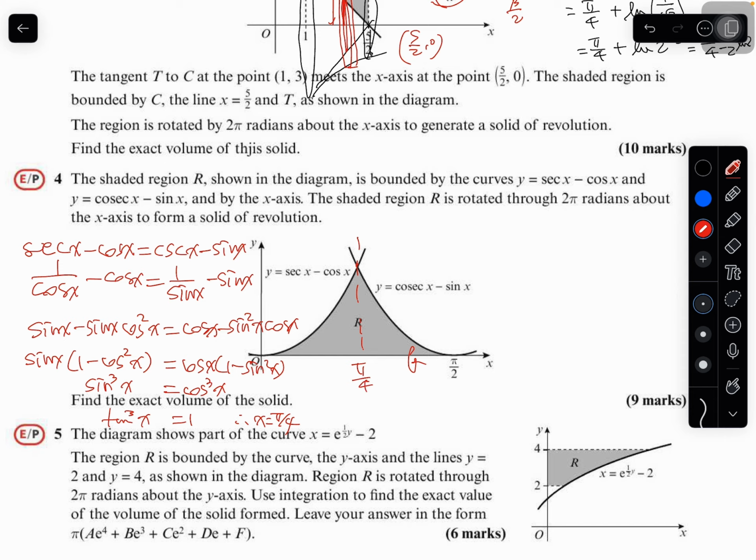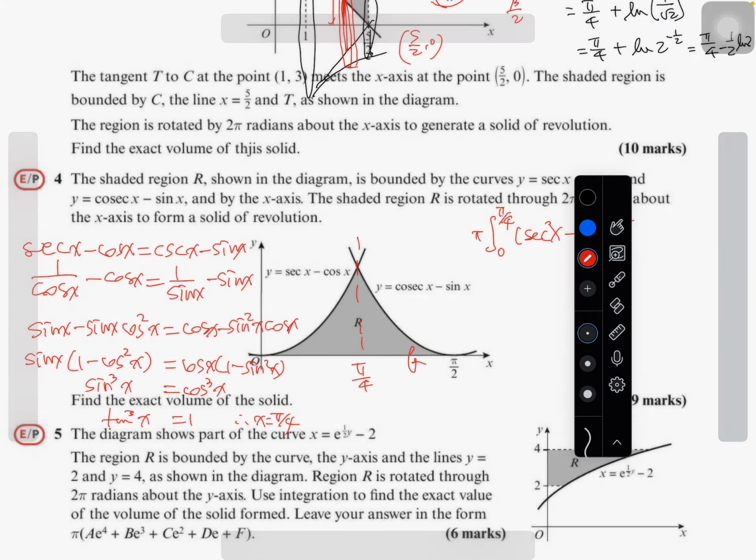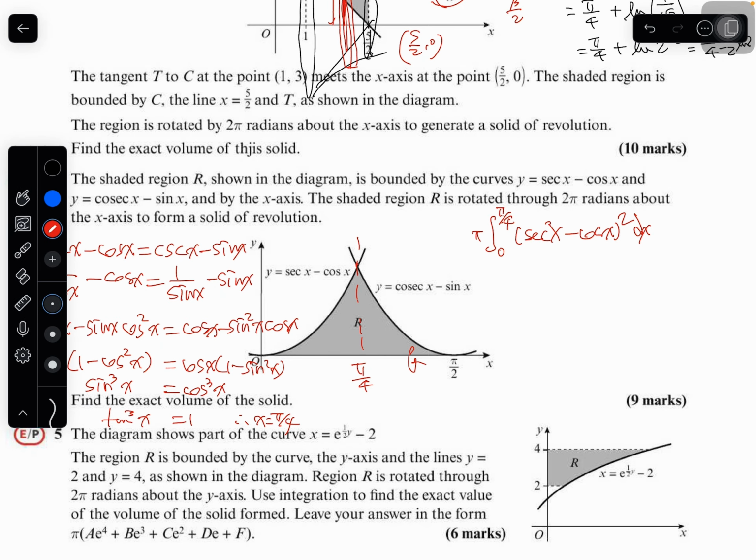It looks very symmetric. Anyway, so the integral from 0 to pi over 4 of pi times (sec x minus cos x) squared dx, plus the integral from pi over 4 to pi over 2 of (cosecant x minus sine x) squared dx.